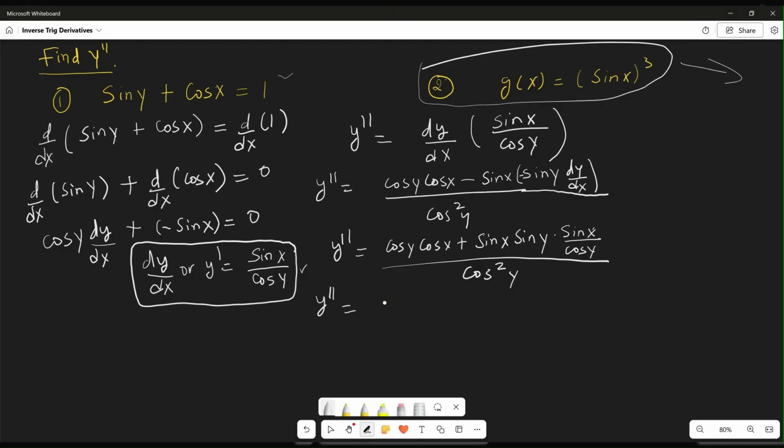So what we have here is, let's just take the same here, right? Cosine y, so multiplied here, it becomes cos x cos squared y, plus we have sine squared x sine y divided by cosine squared y.